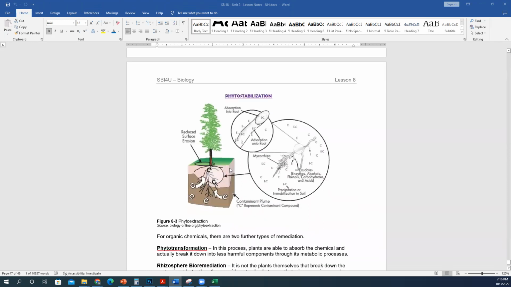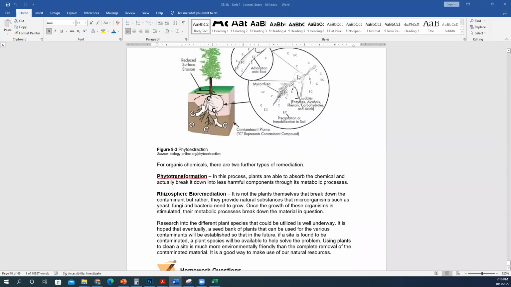And this picture is using phytostabilization, where the contaminant gets absorbed or just sticks onto the surface of the root and is just contained in the soil around the plant, stopping it from leaching further down into groundwater. So that's for metal contamination.